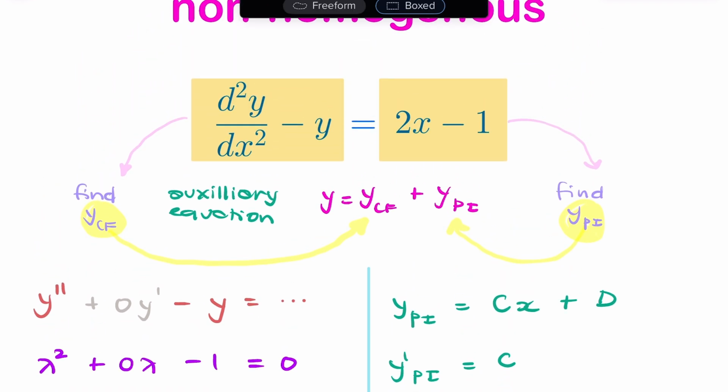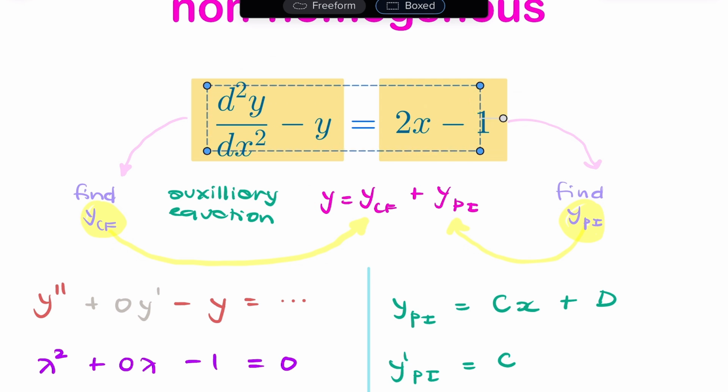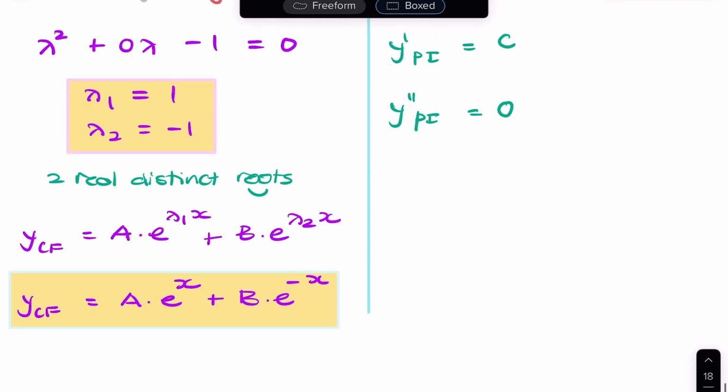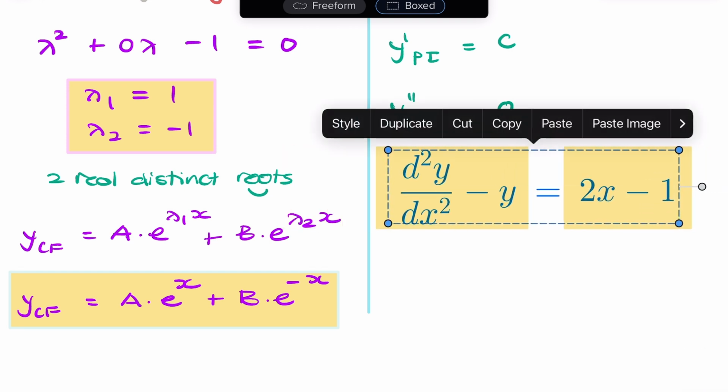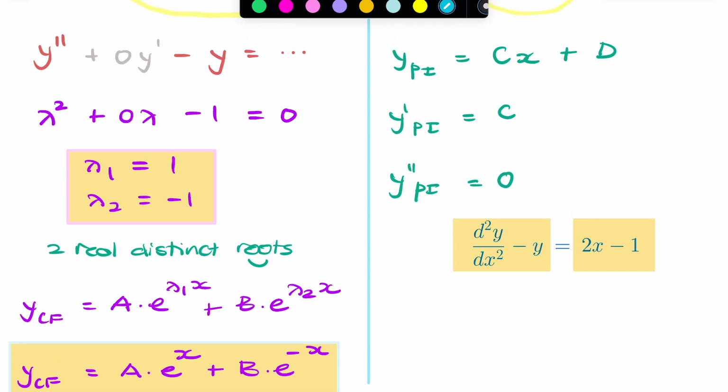I can rewrite this. So I'm going to take this expression and substitute the derivatives we just found. So I'm going to substitute the second derivative 0 in there, and I'm going to substitute my expression for y in there.